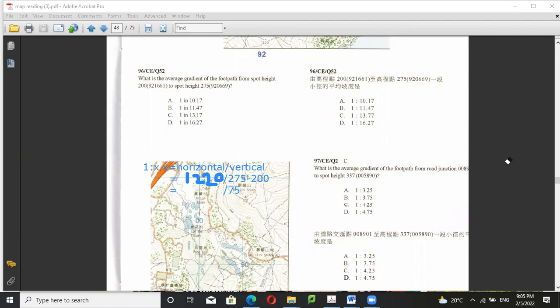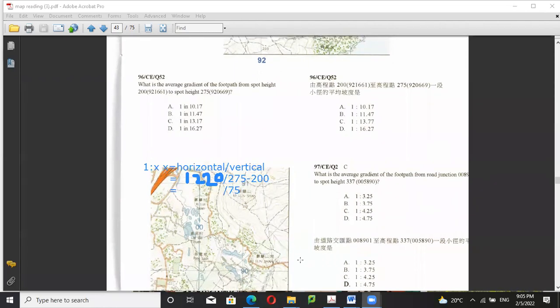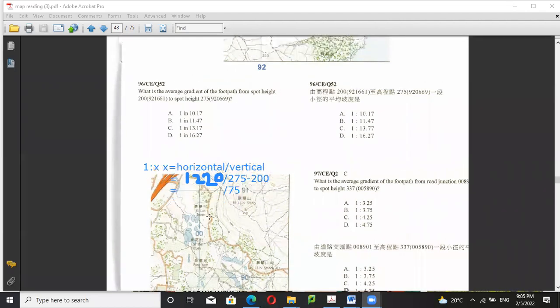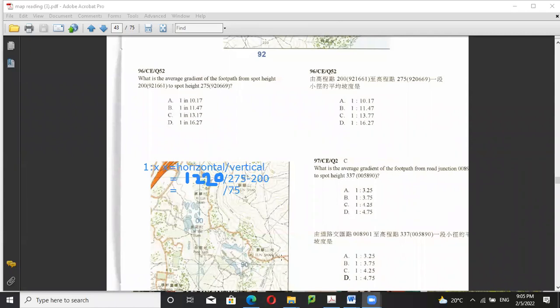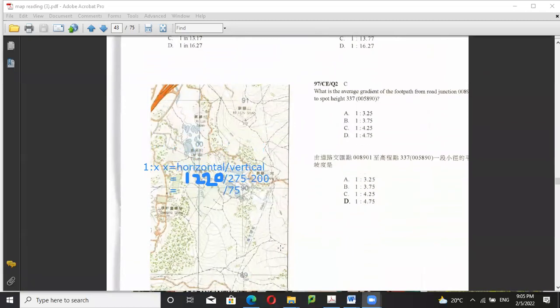Let's go to the 1997 question, which is talking about the 008901, right here, and then until 337 spot height.